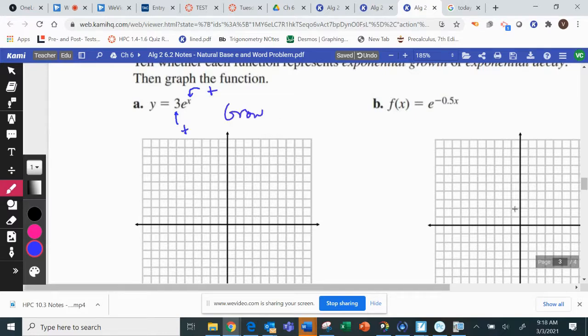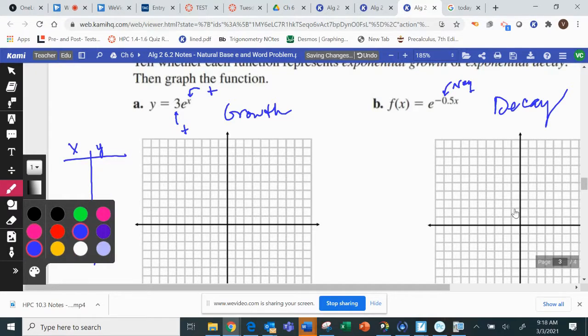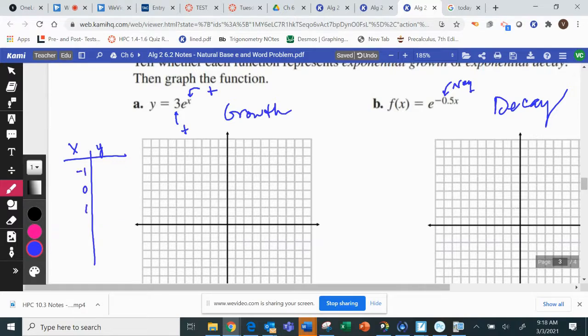Growth. How about this next one? Decay. Okay, and it just has to do with that sign that's in the exponent. All right, let's graph the first one. So I'm going to start with my key points, and I like to start with -1, 0, and 1.